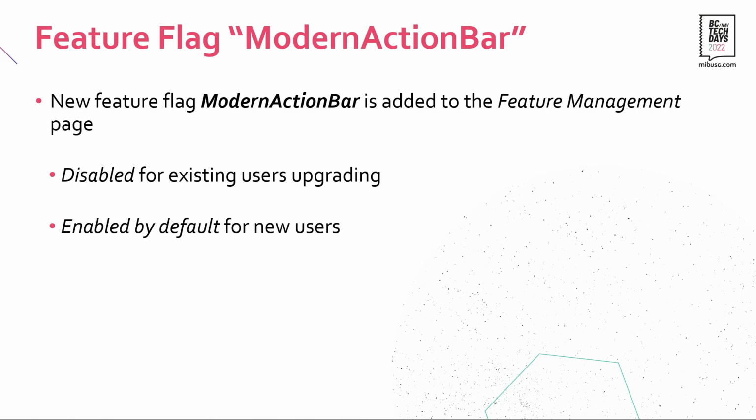For that, we added a feature flag called Modern Action Bar, and this is disabled for existing users who are upgrading to version 21, but for new users, we enabled it by default so they can get the shiny new layout. I can explain more about what this flag does, but basically when it's on, you get the full action bar experience, but when it's off, we revert some of the features with the most UI impact, so that users who are used to the old layout continue to see the same looking action bar.